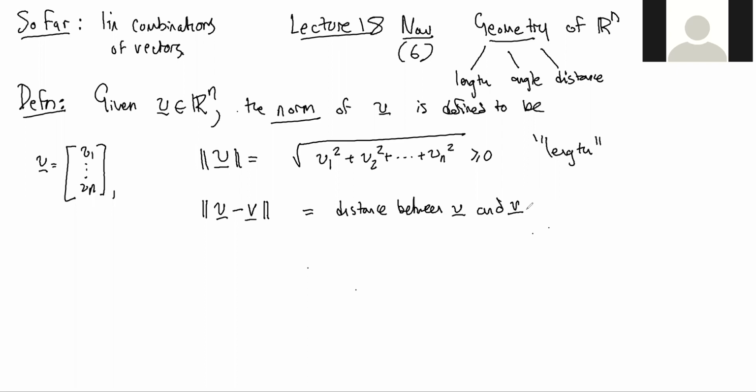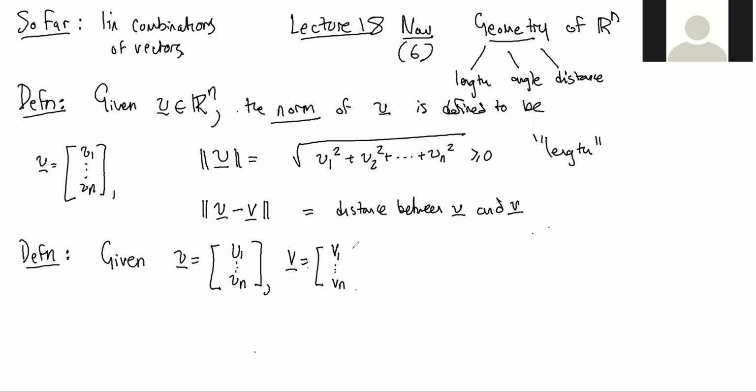But really, the more fundamental concept than length is actually another new operation you certainly studied if you took Math 53. And that new operation is the dot product. So given a pair of vectors, let's say U has entries U1 up to Un, and V has entries V1 up to Vn in Rn, their dot product is defined to be U dot V, which is just U1 V1 plus U2 V2 all the way up to Un Vn.